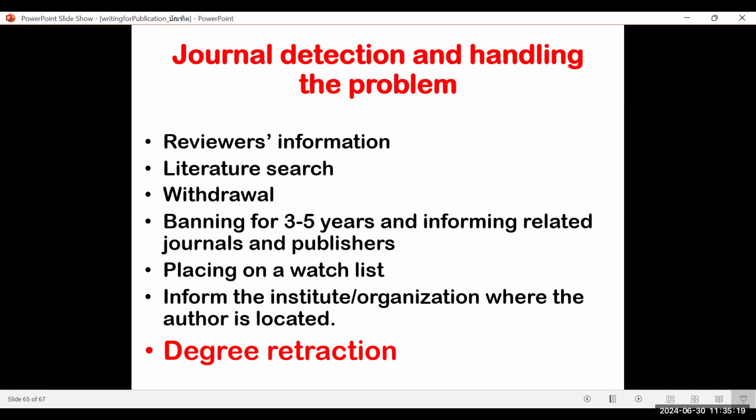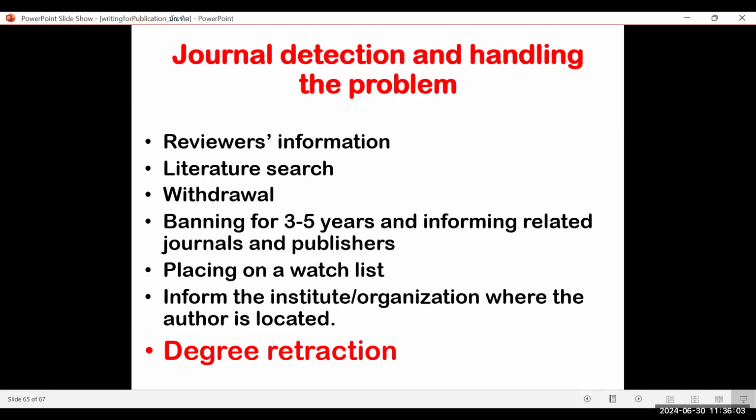But if your answer is not reasonable enough, the final outcome will be retraction or withdrawal. It will be announced on the publisher's website, and the publisher will list your name and all the co-authors, banned for 3 or 5 years, depending on the severity of the reason why that paper was withdrawn or retracted.